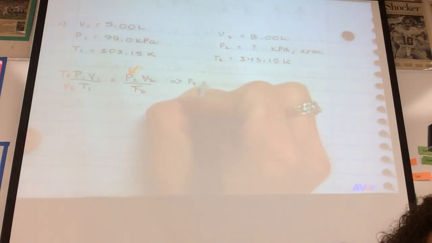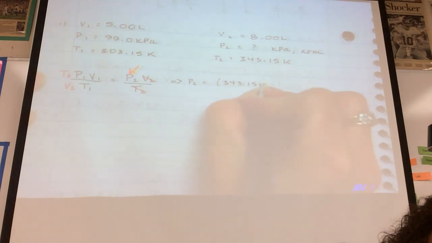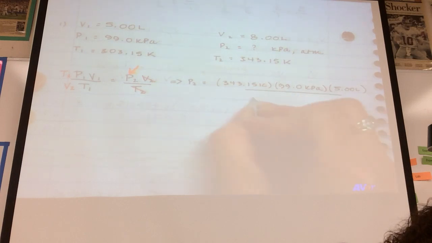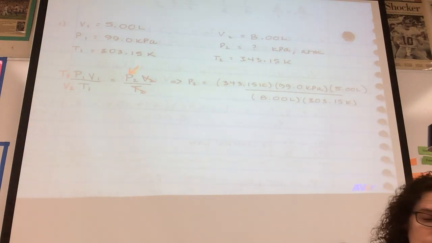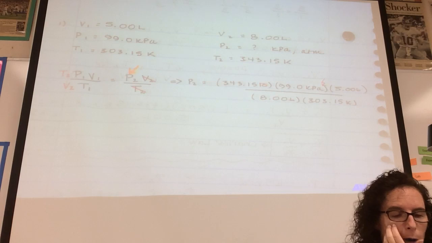You've got P2 is equal to T2, P1, V1, that's a 5, over V2, T1. And again, if you use units, you'll see appropriate cancellation left in a unit of kPa, which is a unit of pressure.